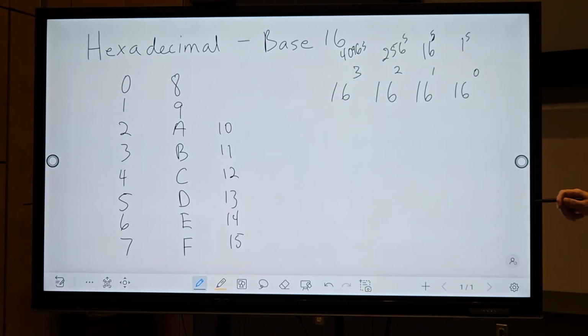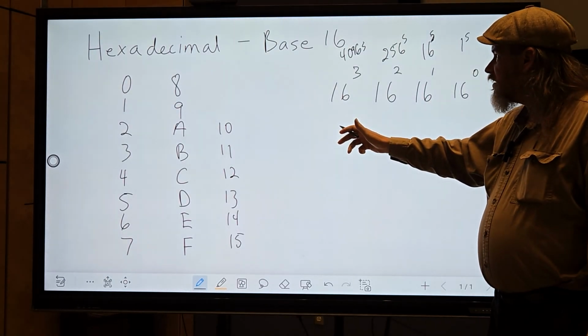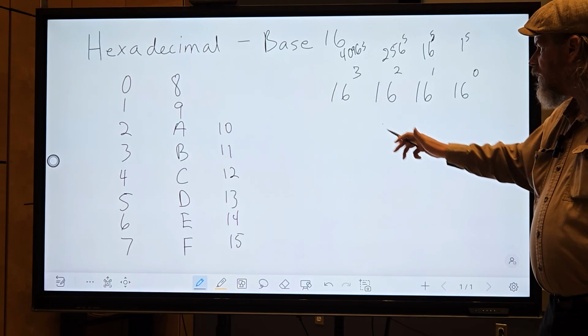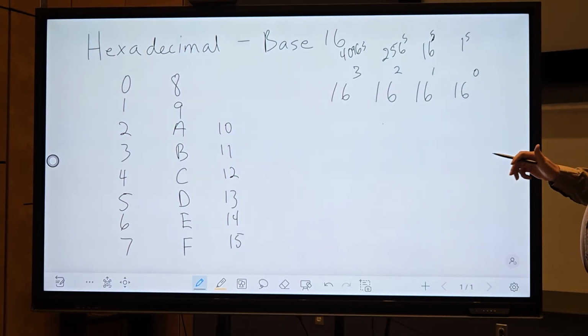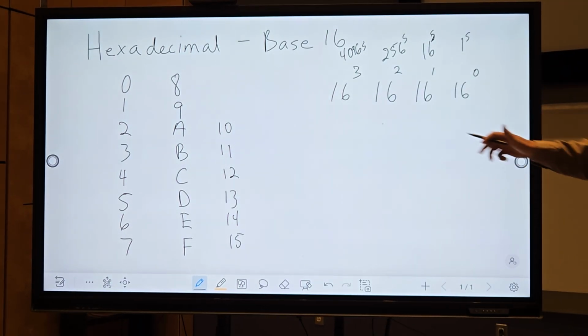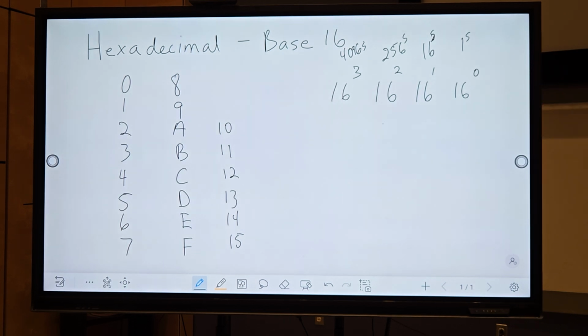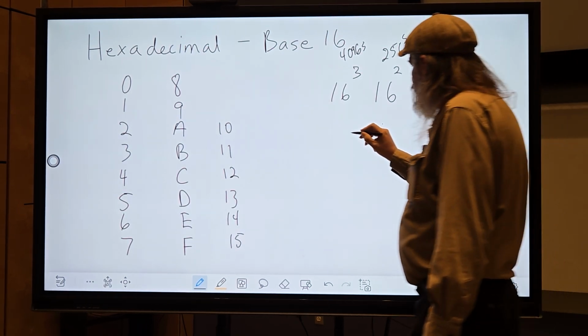So a 1 here means 4096. A 2 here would mean 512. A 4 here would mean 64. So let's look at that.